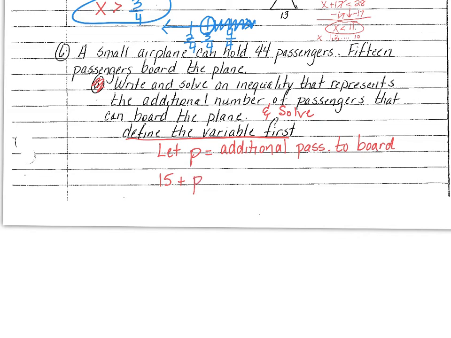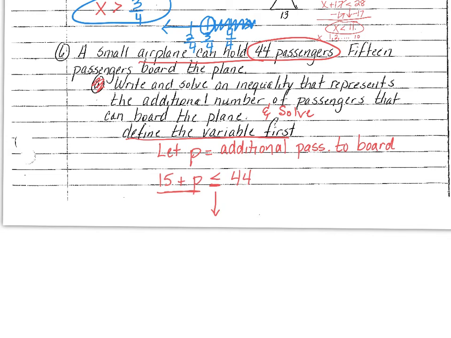But it says in here it can only hold 44 passengers. So this right here has to be what compared to 44? Less than, or equal to, because 44 can fit on the plane. Okay? So put your wall up. What are they doing to P?